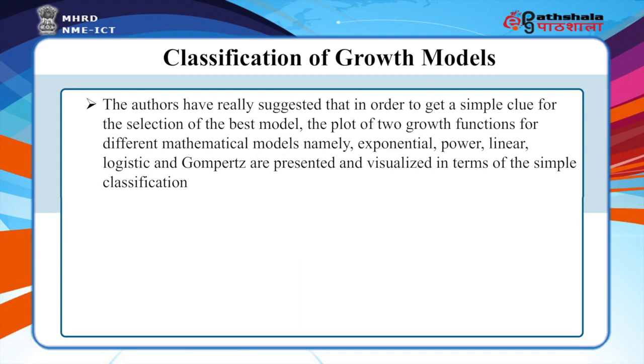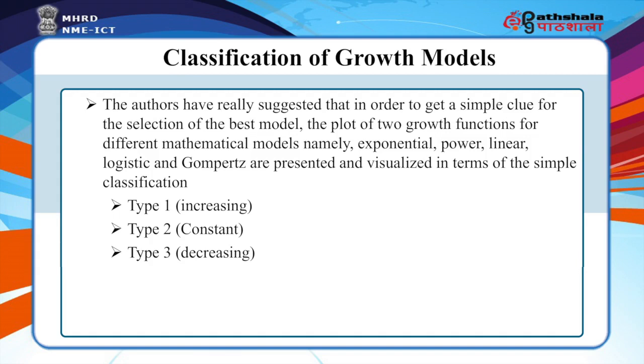The authors have suggested that in order to get a simple clue for the selection of the best model, the plots of two growth functions for different mathematical models, namely exponential, power, linear, logistic, and Gompertz, are presented and visualized in terms of a simple classification: type 1 for increasing, type 2 for constant, type 3 for decreasing, and type 4 for increasing and decreasing.